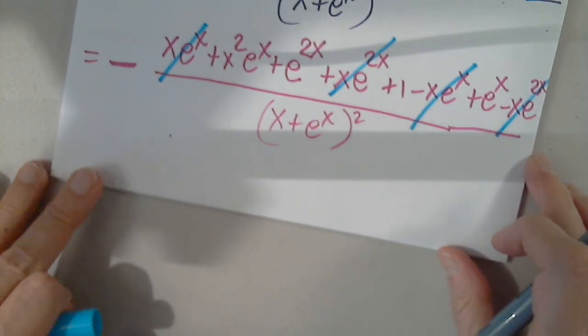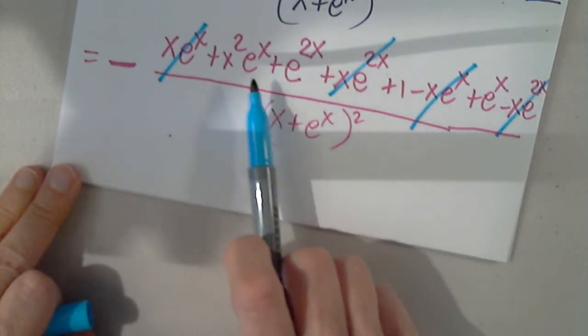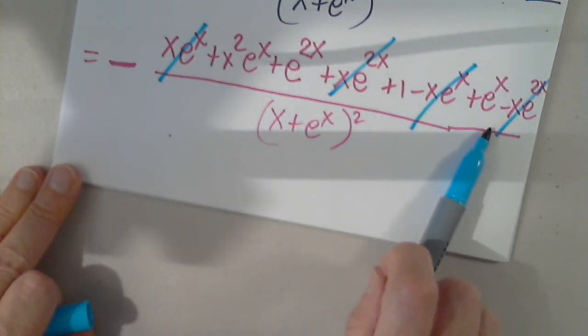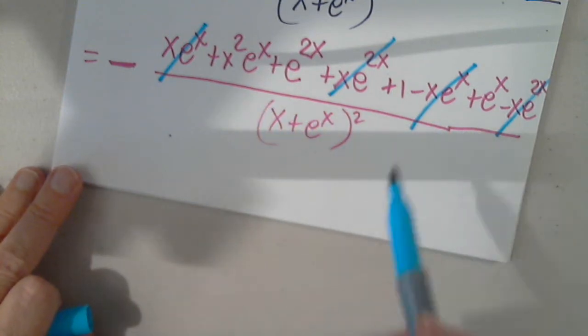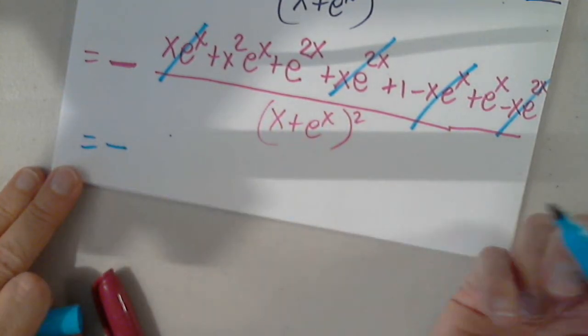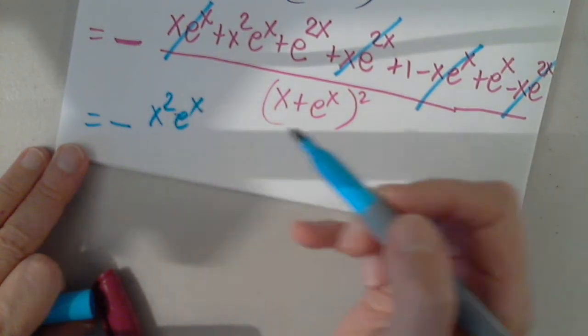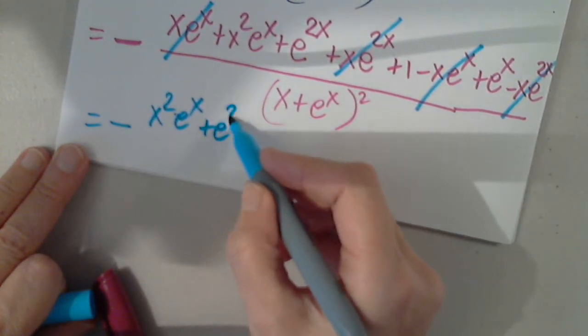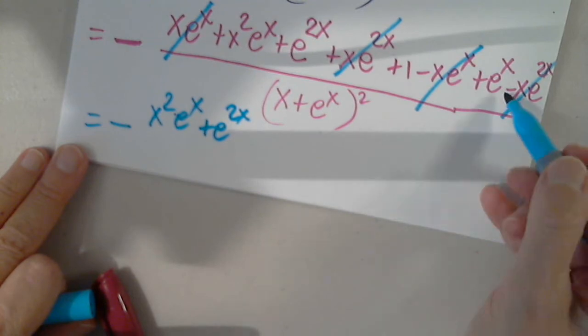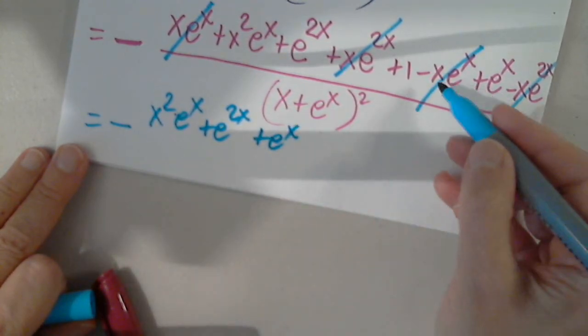At least something. Okay, now 1, 2, 3, 4 terms, they do not have anything in common, so my simplified form stays as we see it: x squared e to the x plus e to 2x plus e to the x plus 1.